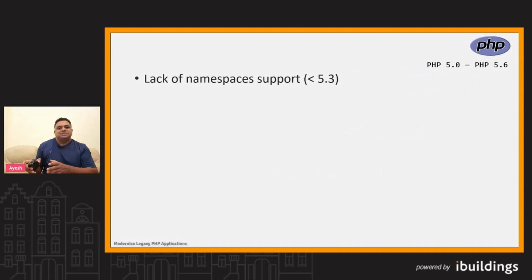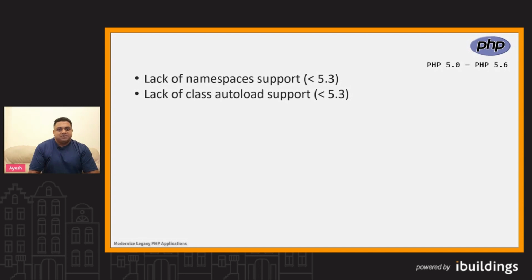There's no proper separation between them, and it's generally very hard to figure out where the code is. They probably don't support autoloading, which means you probably have 200 include lines sprinkled everywhere in the code, and they have to be included in the right order. And it's up to you to resolve the dependencies. So if a class depends on another class, you have to include them just knowing the order.